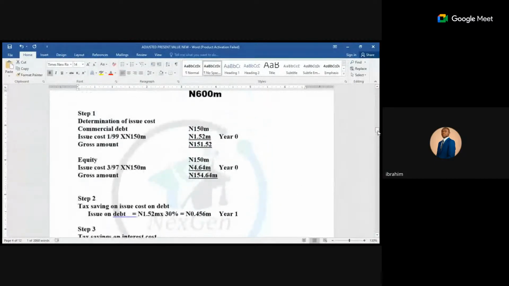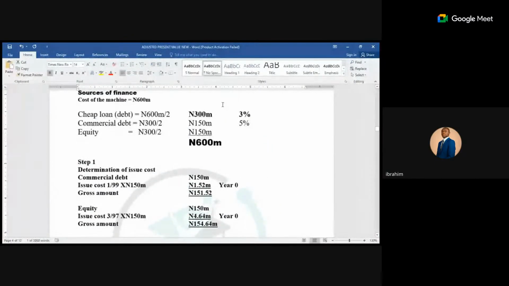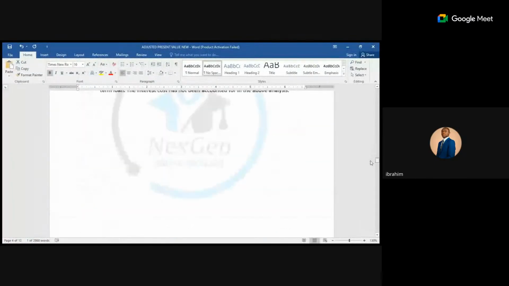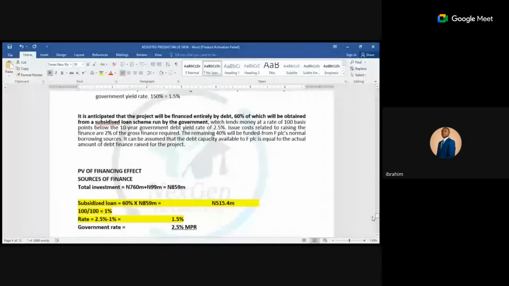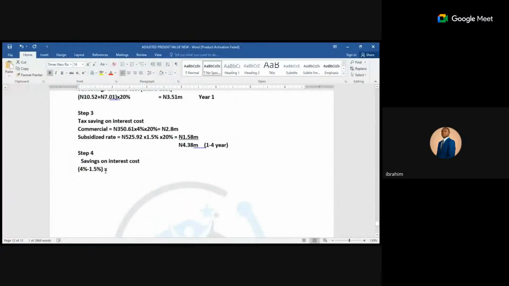It is not on gross, it's on the cheap, because it is savings. Please understand the meaning of whether it is tax savings on interest cost or tax saved on interest. Savings on interest. So 4% minus 1.5%. What do we have?